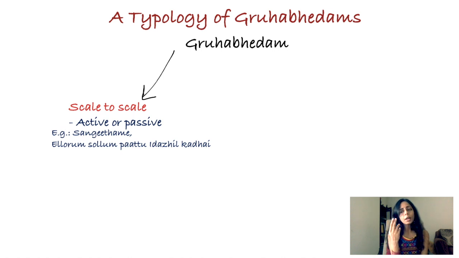Pa pa pa pa pa pa pa da ni sa ni da pa ma pa da pa ma da pa ma ga re ga ma pa. So essentially what is happening here is, if you take the ni of Rasikapriya as your sa, right?